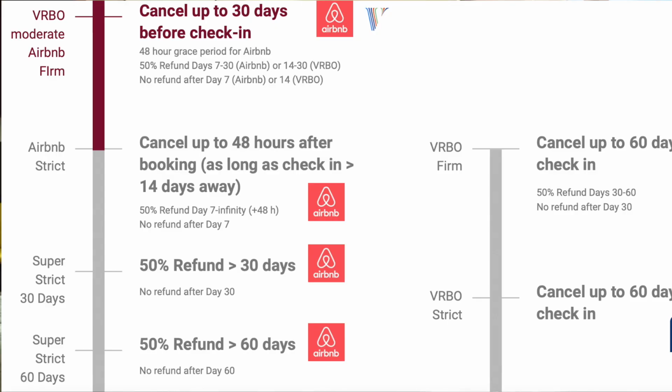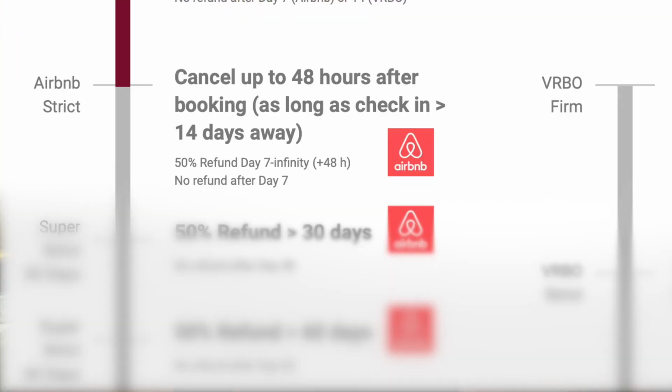Next, there's a bit of divergence, and the following options are each strict in their own ways. So strict on Airbnb allows for only 48 hours after the booking for any kind of cancellation, and the check-in date has to be at least 14 days away for a full refund to occur. If the 48 hours has passed, then it would be a 50% refund up to 7 days before check-in.